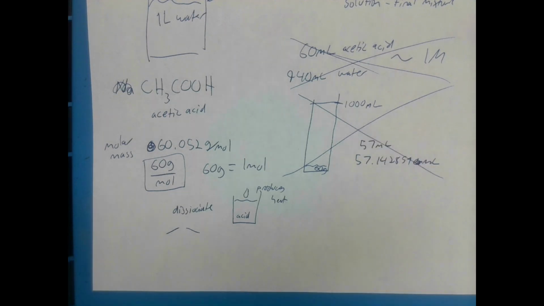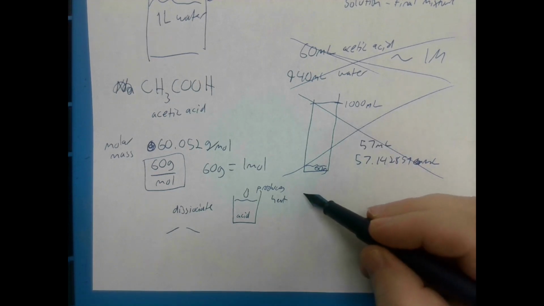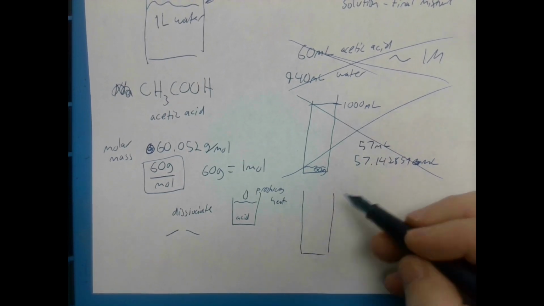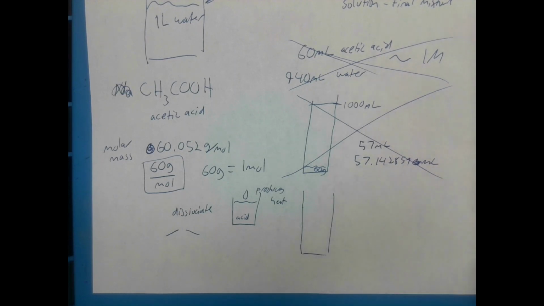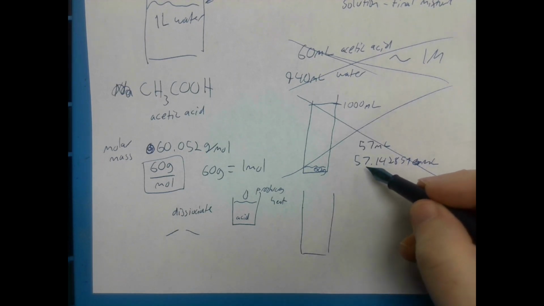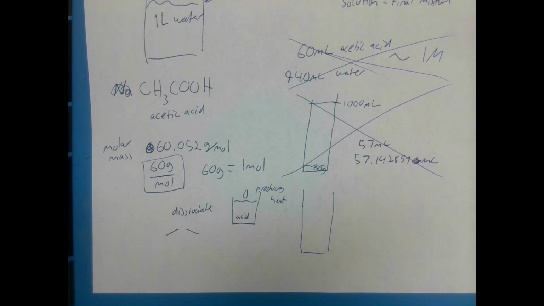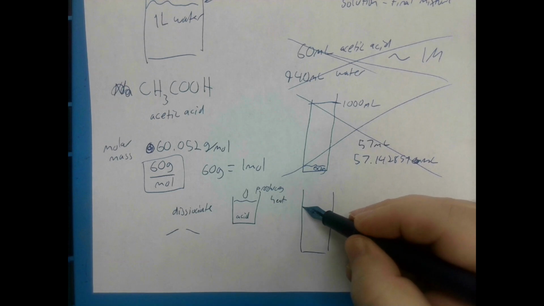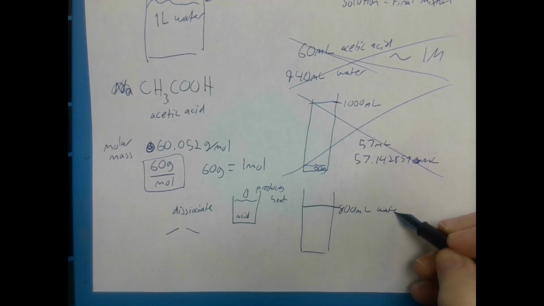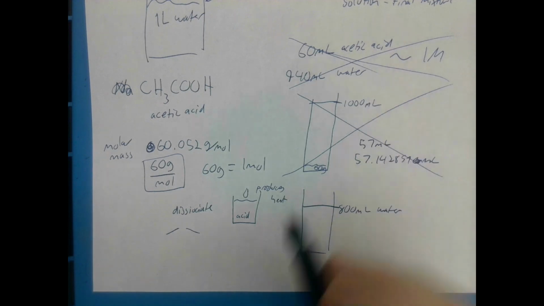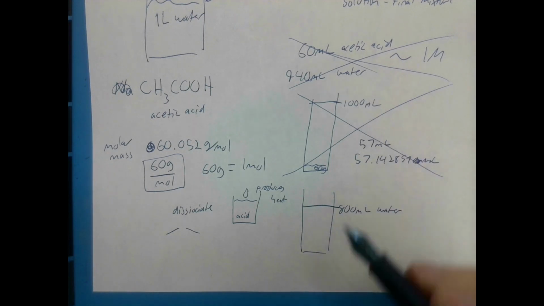It's very similar to this. I'm going to guesstimate initially. I know that 60 grams of vinegar is approximately 57 milliliters of vinegar, right? That means if I fill this up to 800 milliliters of water, and I dump vinegar in it, I won't be at 1,000 milliliters.